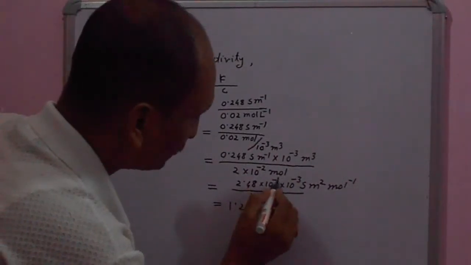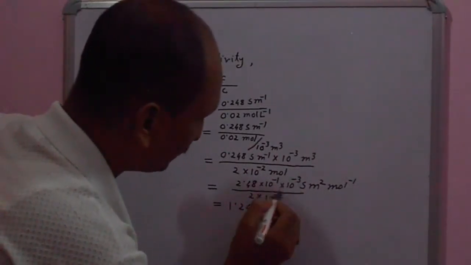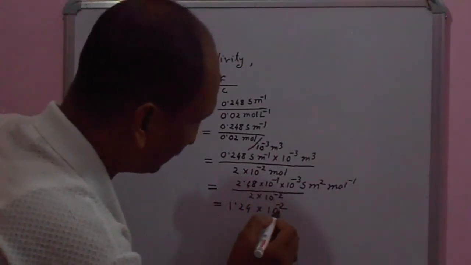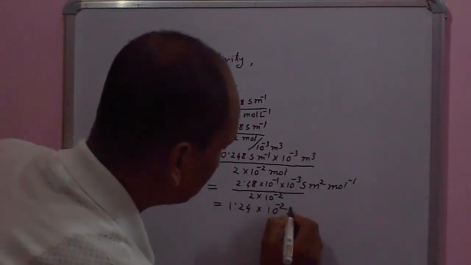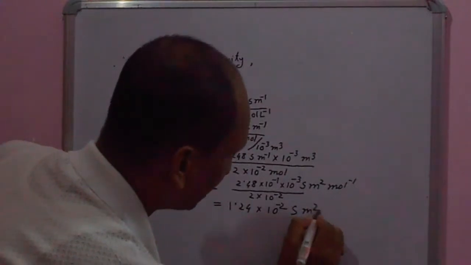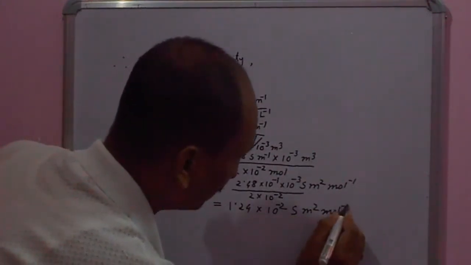So 10 to the power minus 1 into 10 to the power minus 3 is 10 to the power minus 4, and with the 10 square this is 10 to the power minus 2. So this is Siemens meter square mole inverse.